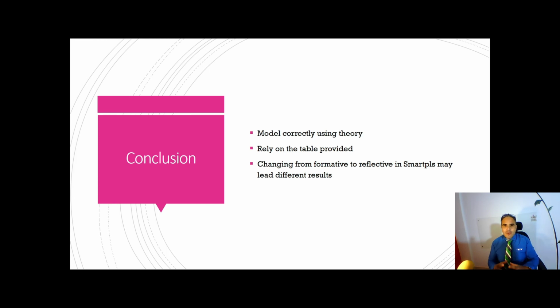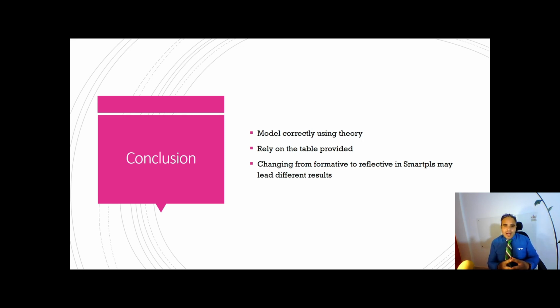So, what's the moral of this video? What can we get out of it? Model our theory correctly. Model our study correctly. It is very important to differentiate between reflective and formative models, and then draw your SEM correctly, and draw your arrows correctly.